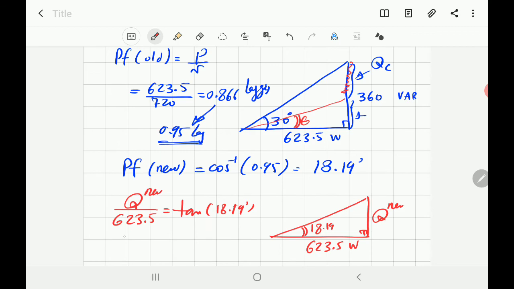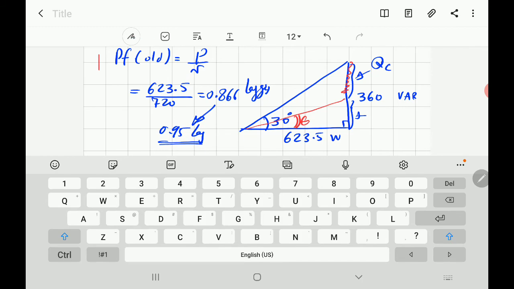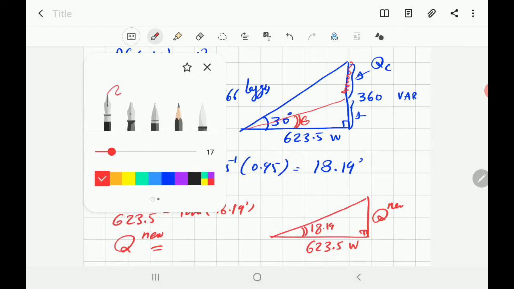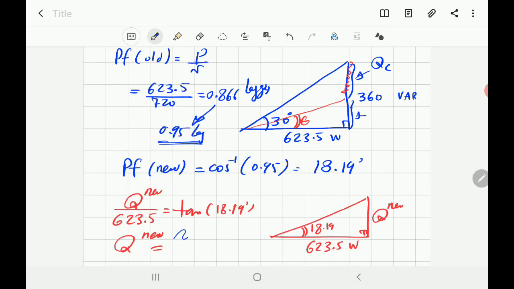From this, you can calculate the new Q. So the new reactive power that you wish to have in this circuit is equal to 204.9. Let's round it to a nice number, 205. So the new one is equal to 205 var. The old one was 360. So the difference will go to the capacitor.